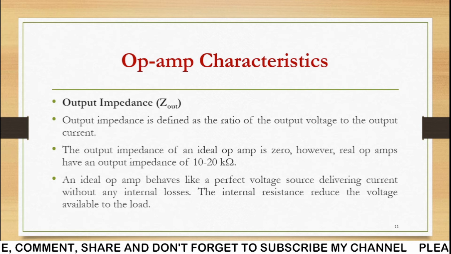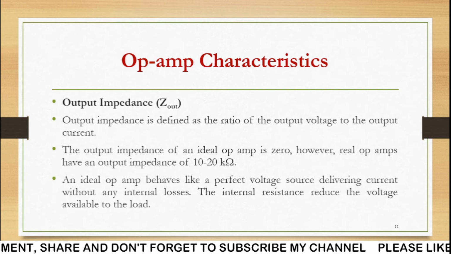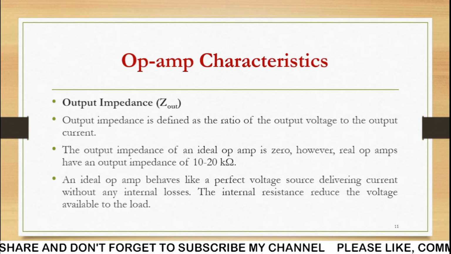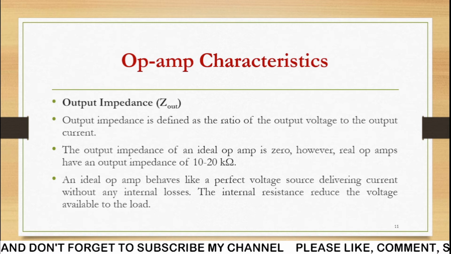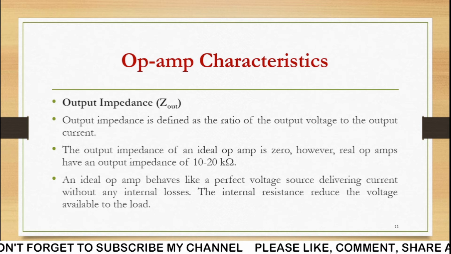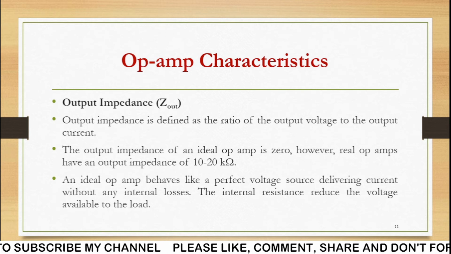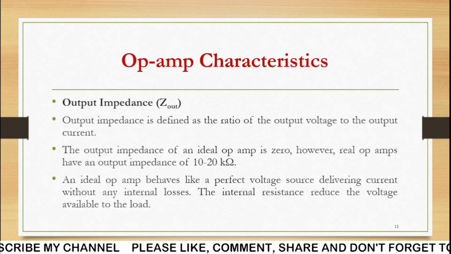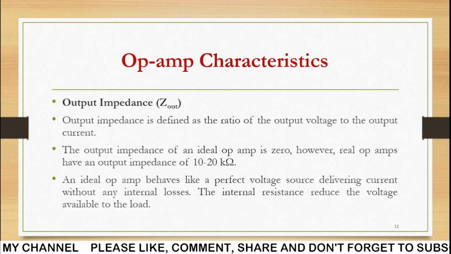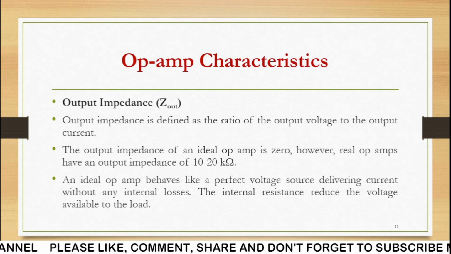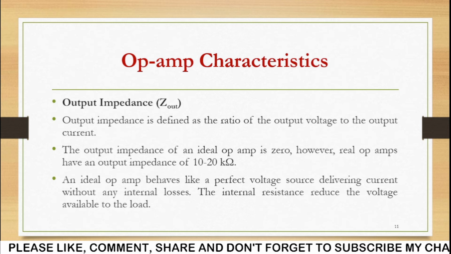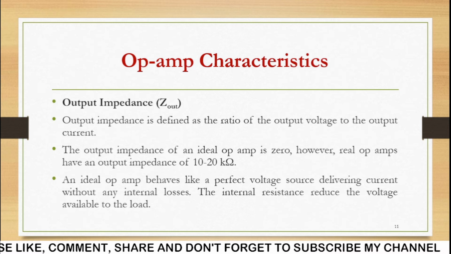Ideally the op amp has output impedance 0, while a real op amp has an output impedance between 10 to 20 kilo ohm. Ideally, the op amp should behave like a perfect voltage source, delivering current without any internal losses, meaning internal resistances that reduce the voltage available to the load.